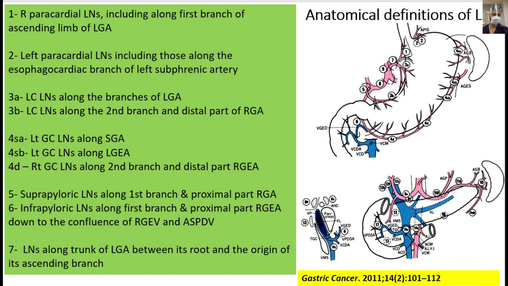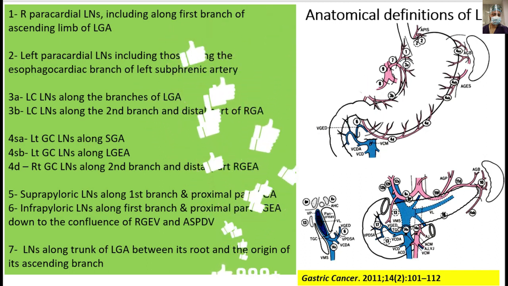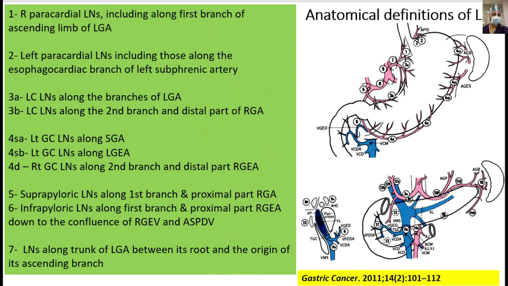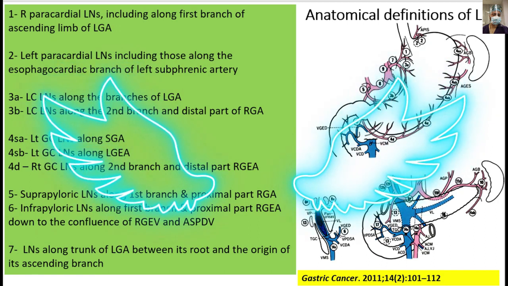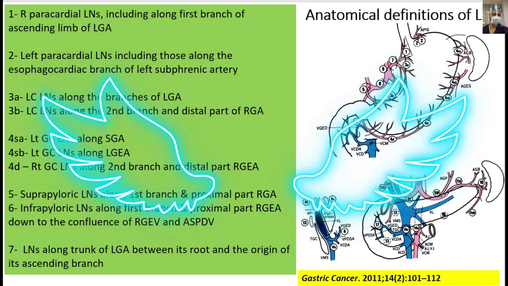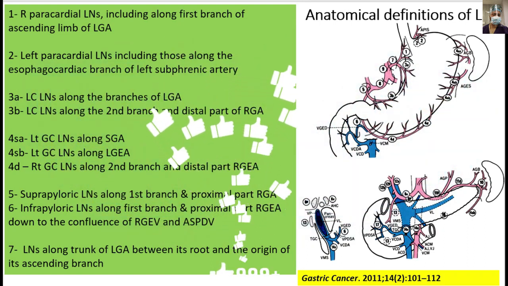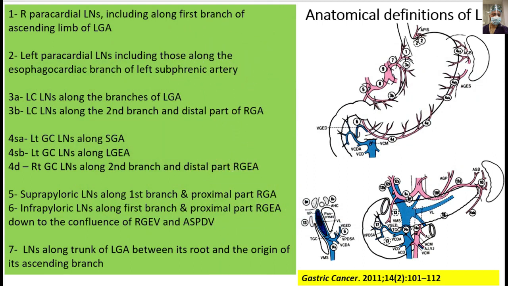So for the purpose of simplification and to remember the lymph node stations, 1 to 6 are perigastric, that means they are along the wall of the stomach, in which 1, 3, 5, all the odd numbers, are along the lesser curvature towards the right side, and 2, 4, 6 are along the greater curvature, that is towards the left side.